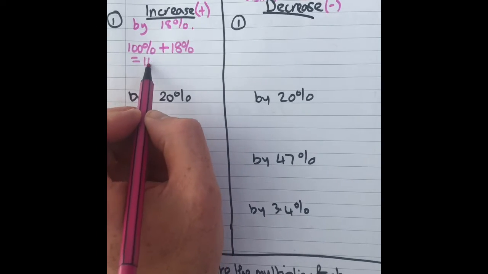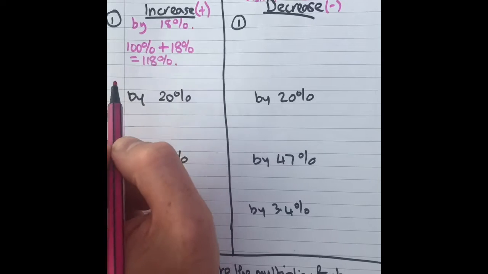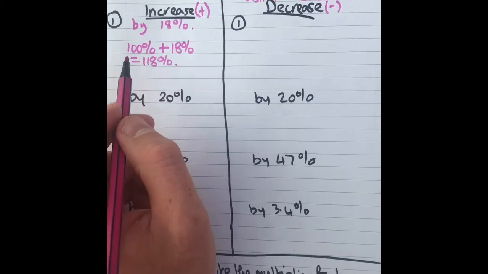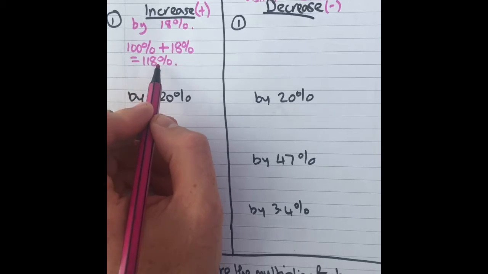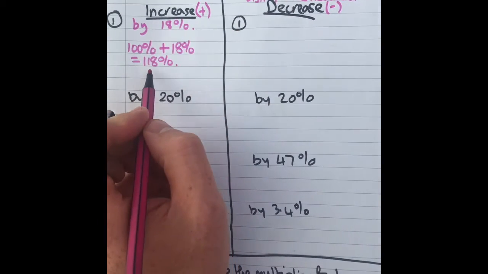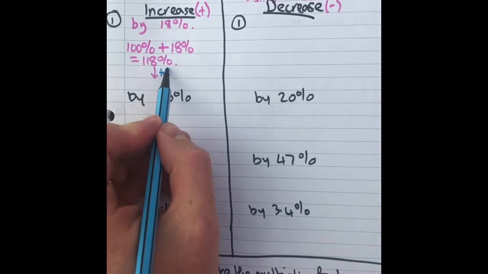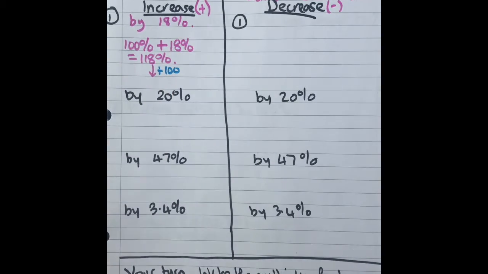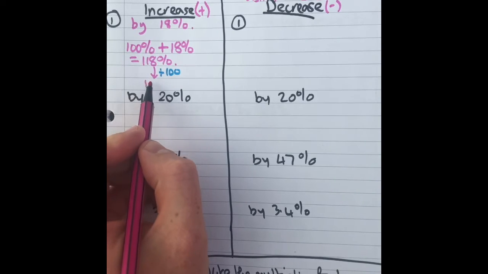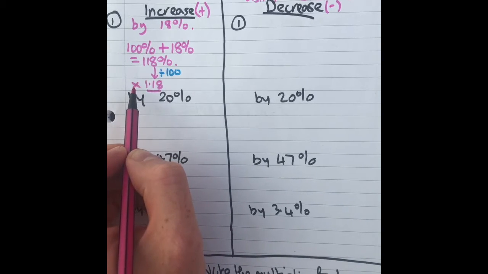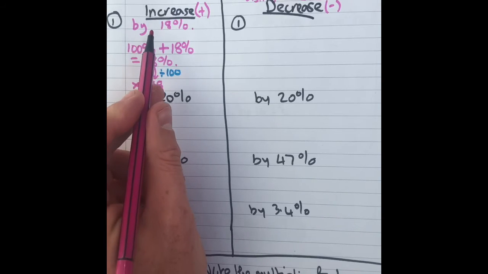That gives you 118%. Now you've done some work on how to convert from percentages to decimals. So what is this as a decimal multiplier? Well, what I would do is divide by 100 to turn it into a decimal, which will be 1.18. That is the multiplier you would times any number by to get an increase of 18%.